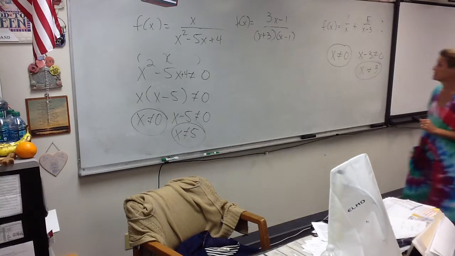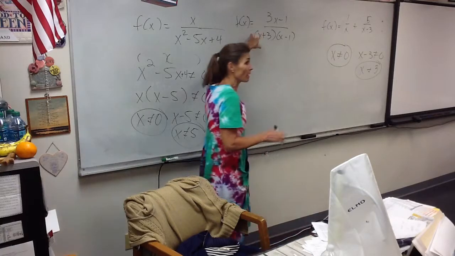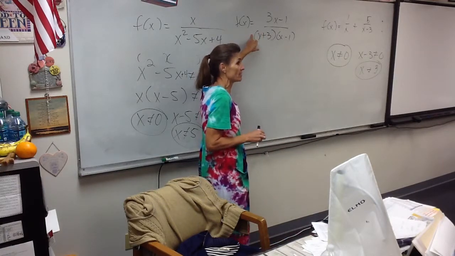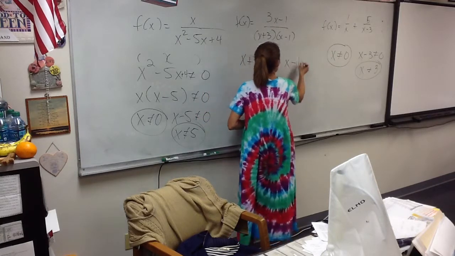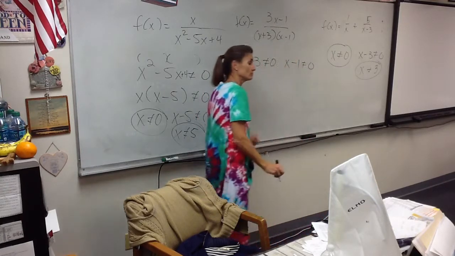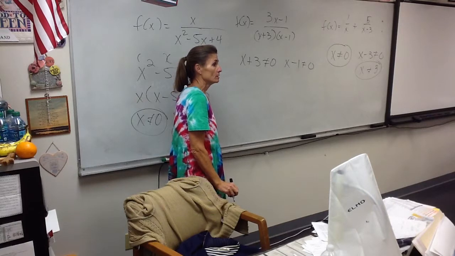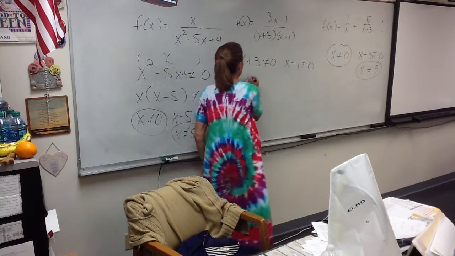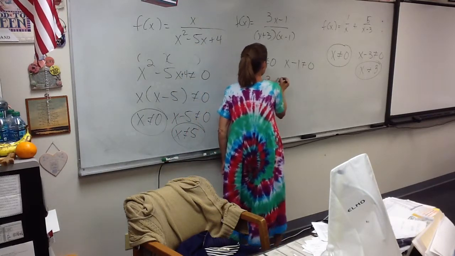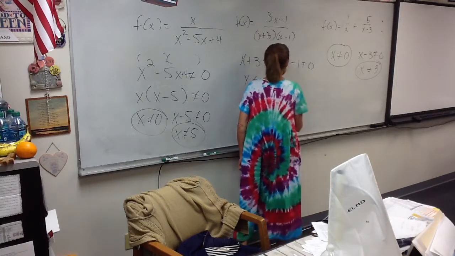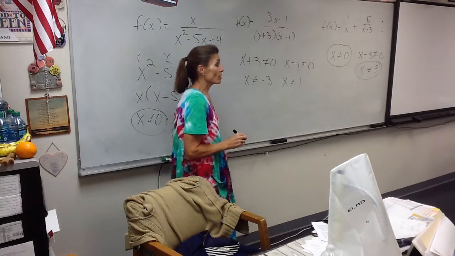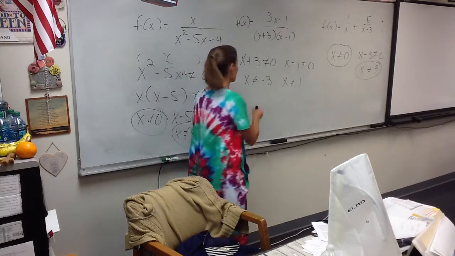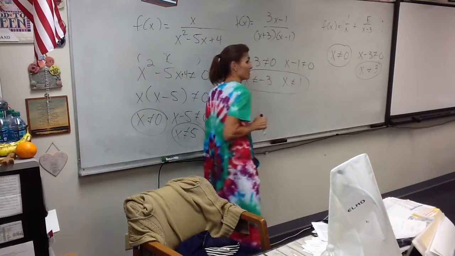Whatever is in the denominator, and in this case, Bryce, there are 2 things in the denominator, cannot be equal to 0. Which means x cannot be -3 or x can't be 1. So there are 2 things x cannot be, so you write both of them down. They're both the answer.